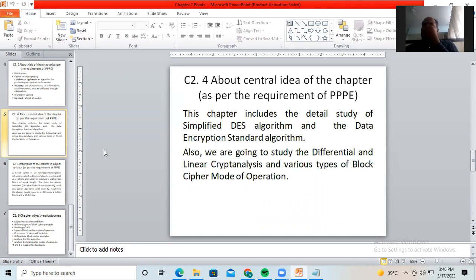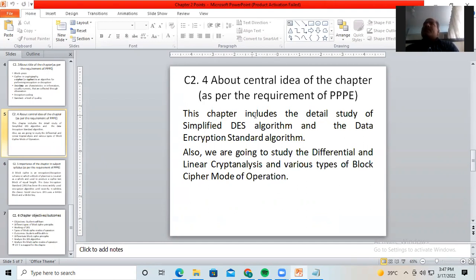We are also going to study differential and linear cryptanalysis and various types of block cipher modes of operation. When we start the actual syllabus of this chapter, we will study the detailed concepts. So this is the central idea of the chapter.